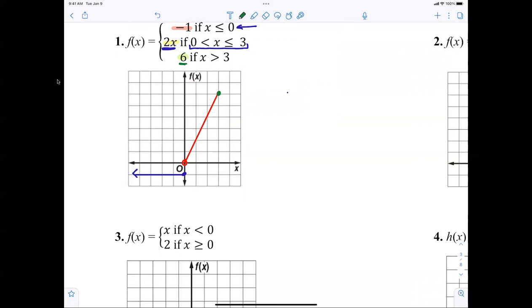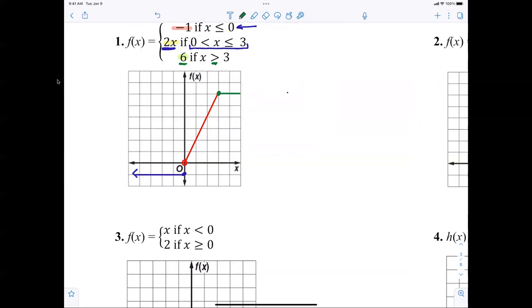Now, why is it solid? Because it picks up where the other one left off. Does everybody agree with me? So it's just this right here. That's the graph.